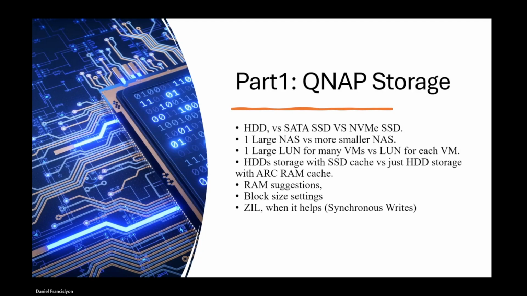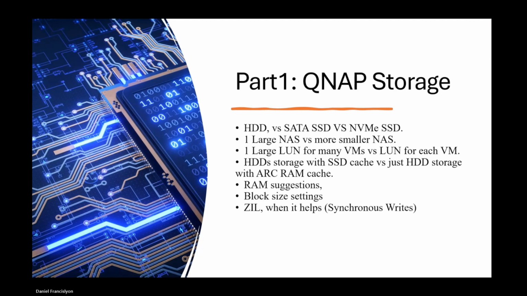So first of all, in virtualization, most of the time what's needed is high IOPS. Of course, it depends on what you do with the VM. There do exist VM applications where you care more about throughput, but most of the time it's about IOPS. So do you want to have HDD storage or SSD storage?